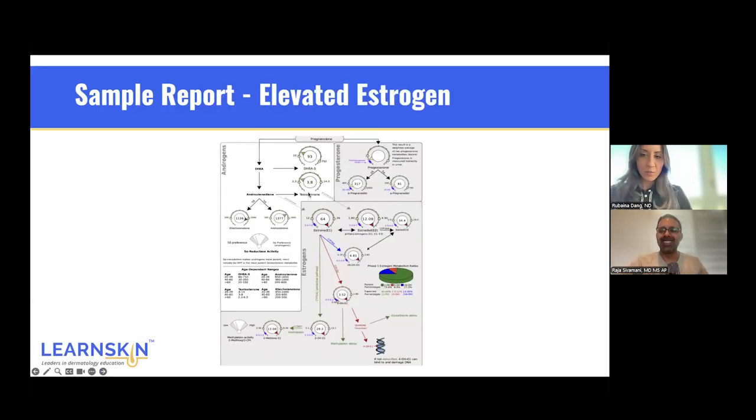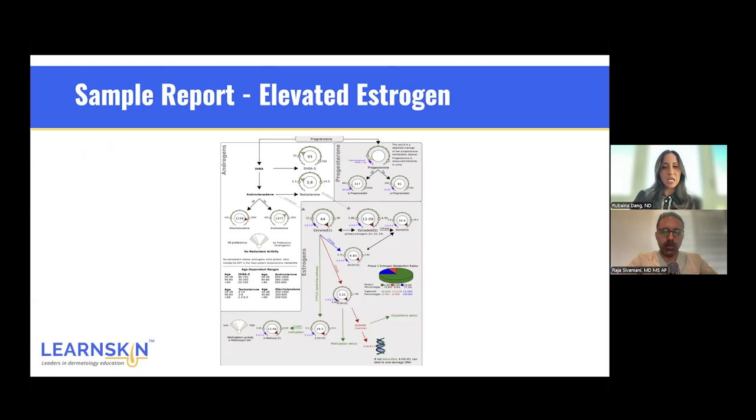All right, so this one's a little bit harder to read, so I will start breaking it down. What was unique in this situation as well, she had a constellation of a lot of different symptoms here. Once again, I'll start with her androgens on the left here. Same thing, her DHEA sulfate is looking healthy and normal. Her testosterone is looking a little bit lower on the normal range.